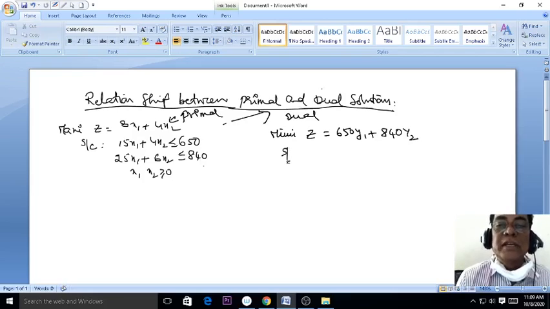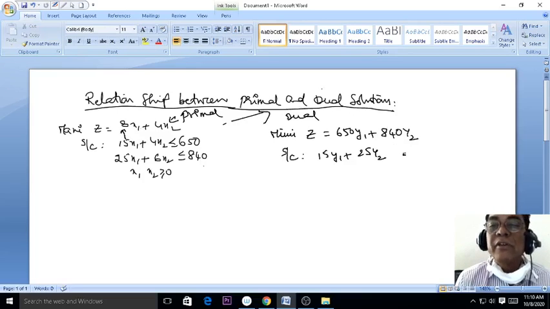Next, subject to constraint. Take the first column values 15, 25, so 15y1 plus 25y2, which corresponds to the value 8.